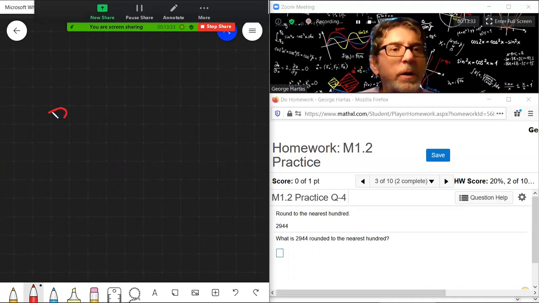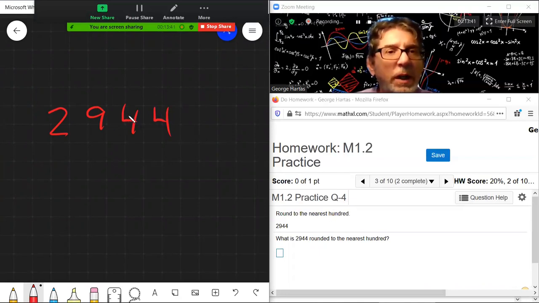2944. Round to the nearest 100. Ones, tens, hundreds. We look to the right only, this digit here. Since this number is 4, we're going to keep the 9.